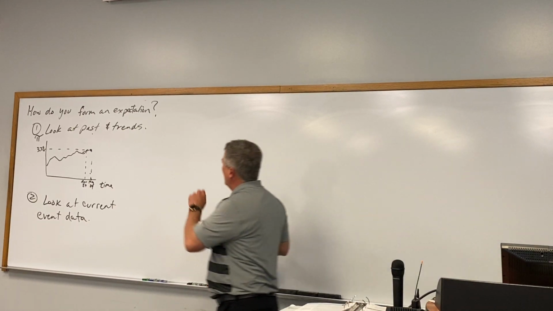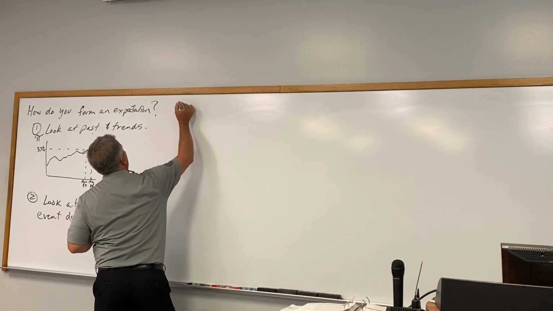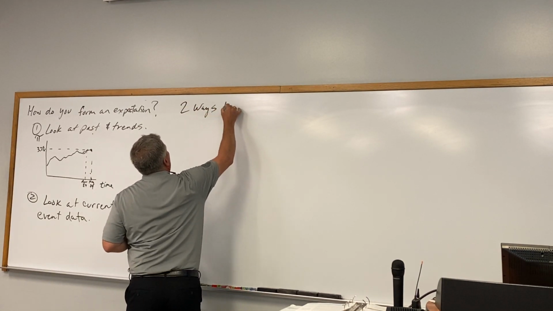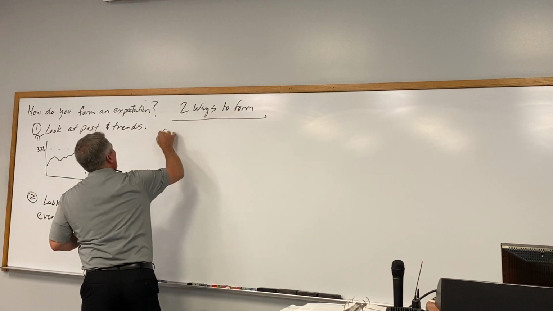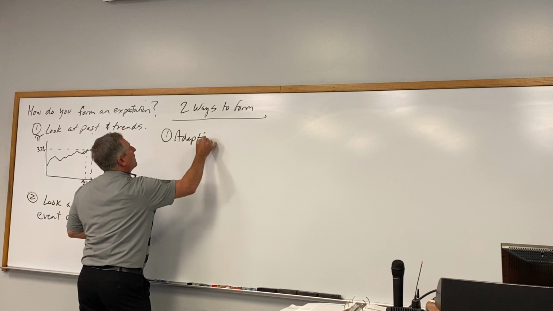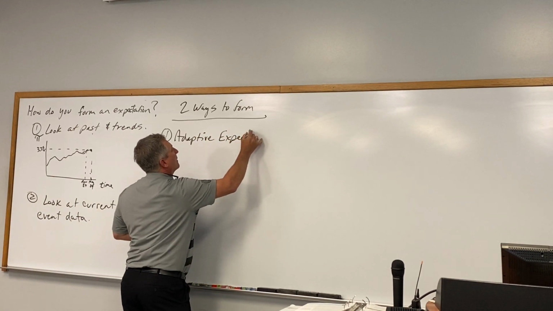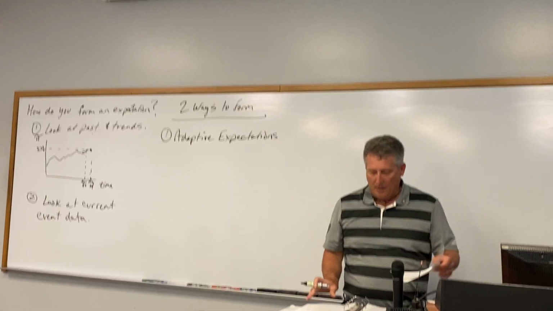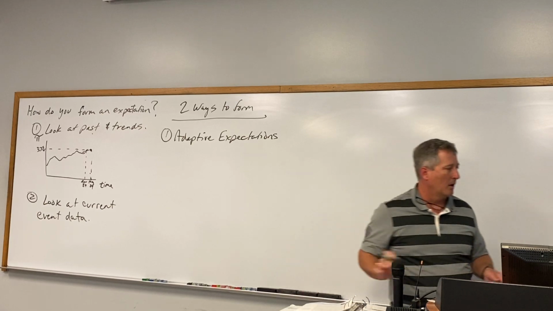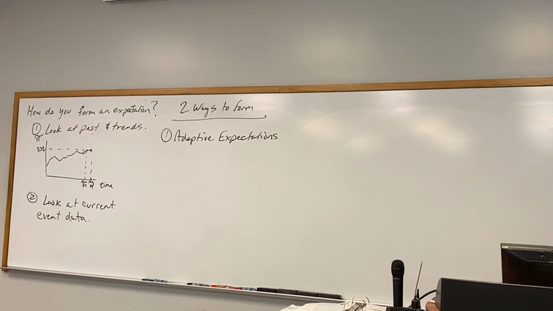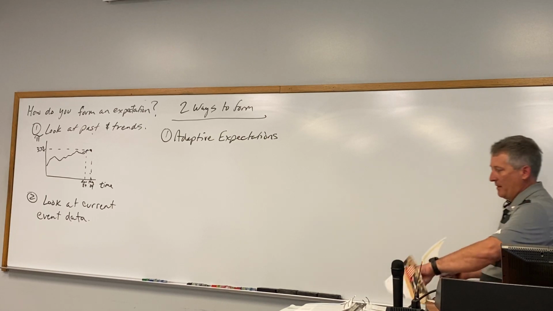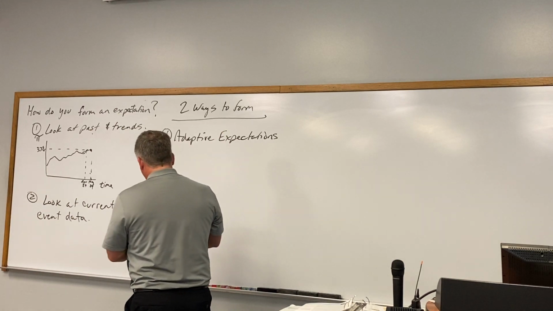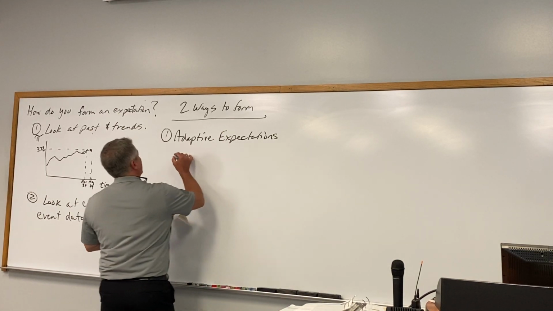And so the two ways we're going to identify from the text here, two ways to form expectations. Number one is called adaptive expectations. Under adaptive expectations, we're going to rely on that historical stuff the most. So that's where we're going to put most of our weight.